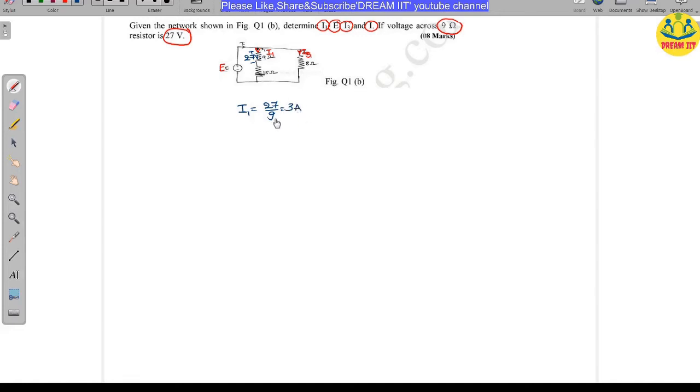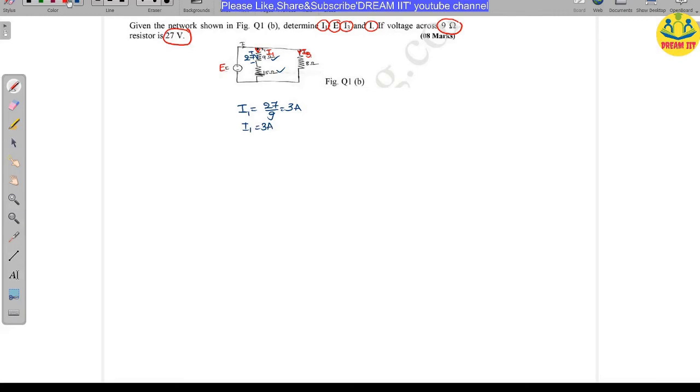The current flowing through the 9 ohms resistor is 3 amperes. Because this 9 ohms and this 15 ohms are connected in series, the current flowing through the 15 ohms is also I1, 3 amperes only.